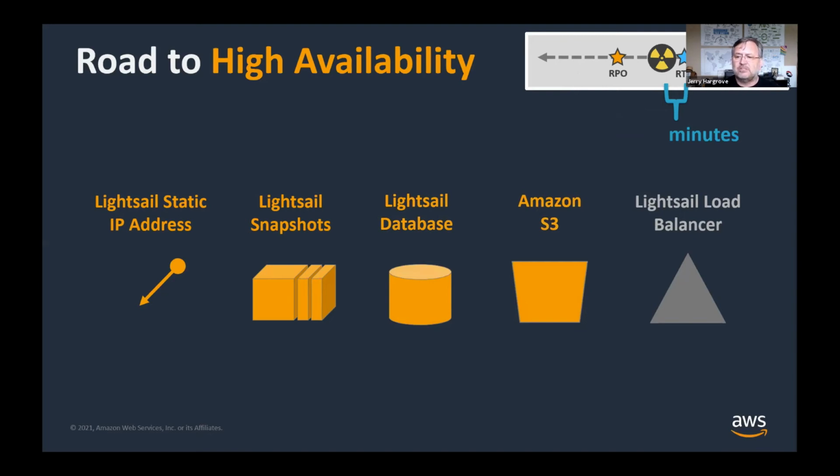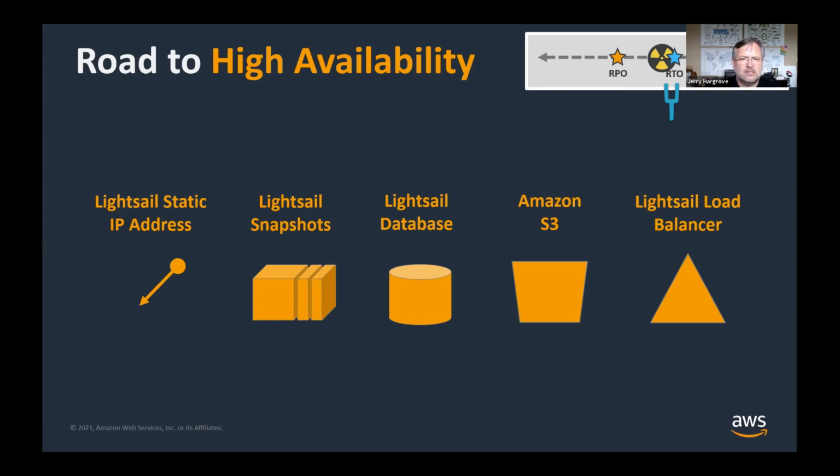And then we added Amazon S3 in concert with a third-party plugin to effectively build out a shared file system using cloud storage. And then finally, we added a Lightsail load balancer to help us add multiple WordPress instances to handle traffic.